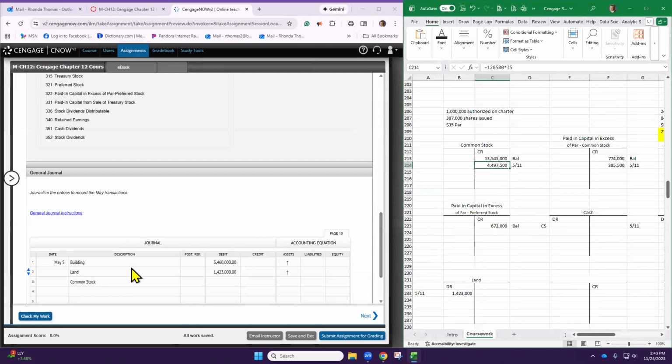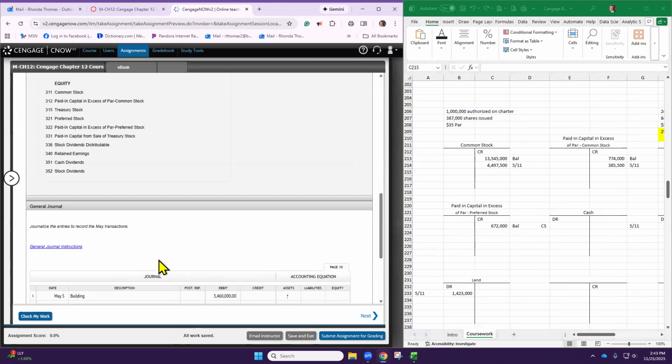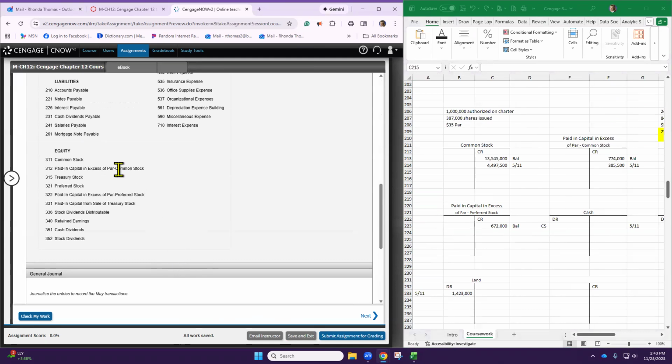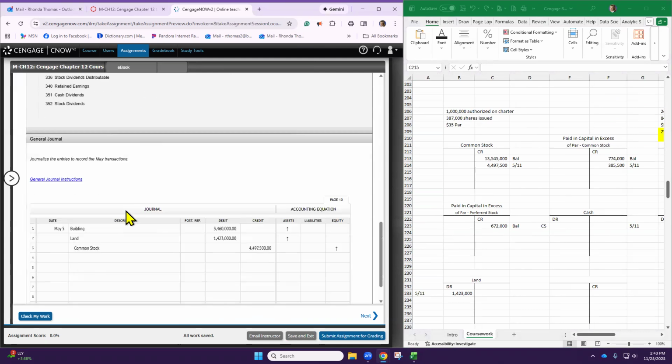Yes, it's right here. It is the 128,500 shares at 35. So then you get 4,497,500, and then common stock paid in capital. Here it is. Just copy it, bring it down. So that is a transaction that didn't involve cash, but we still allowed an investment in our business by getting the land and the building in exchange for ownership.